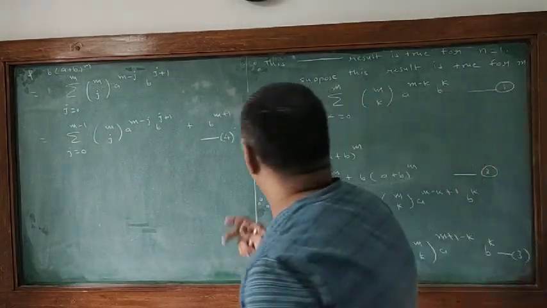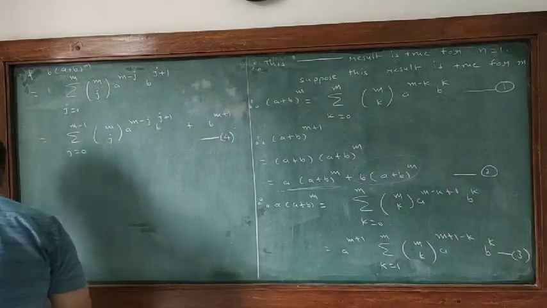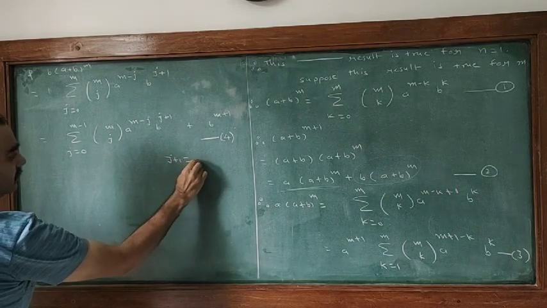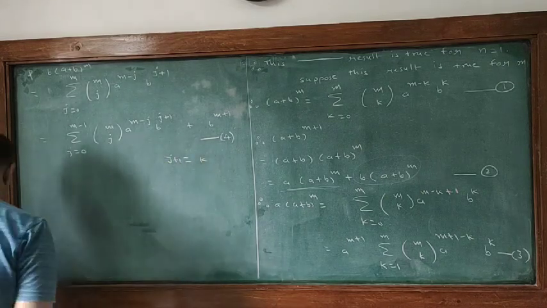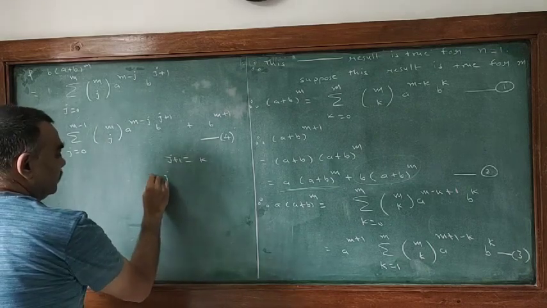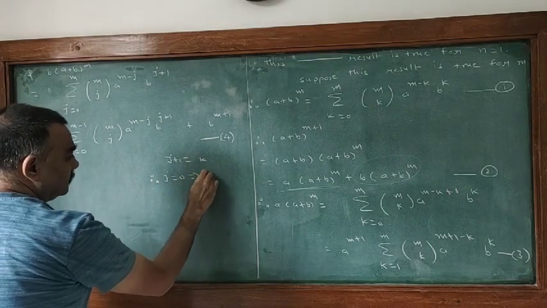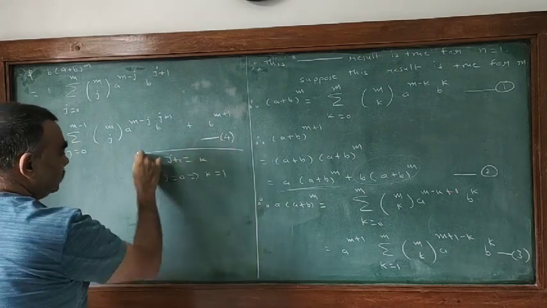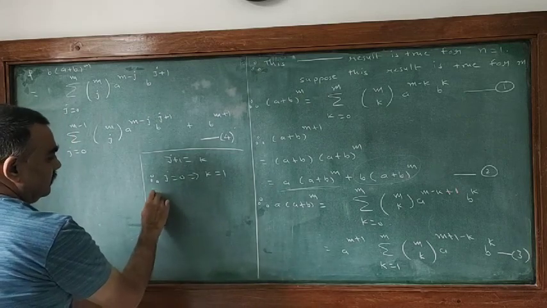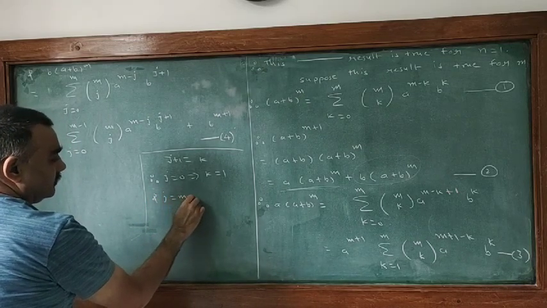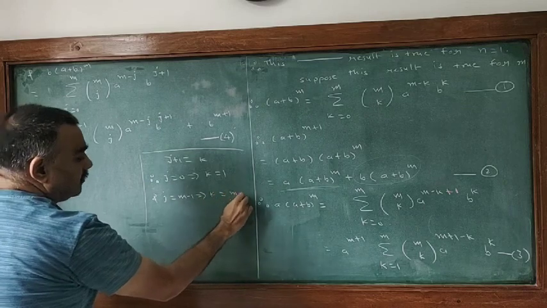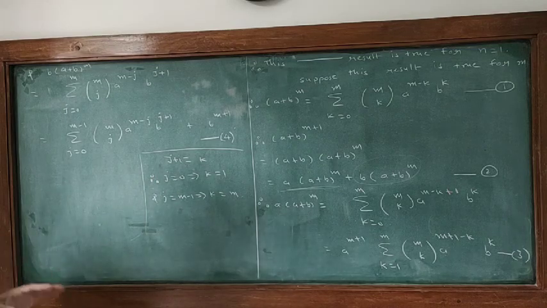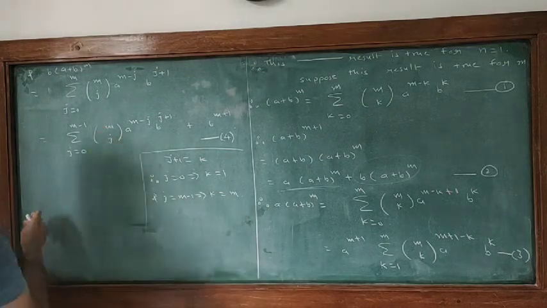Now, adding 3 and 4, here I can put j plus 1 equal to k. Therefore, j equal to 0 implies k equal to 1. Consider only this part. And if we put j equal to m minus 1, the value of k is m. We put this value in this equation.